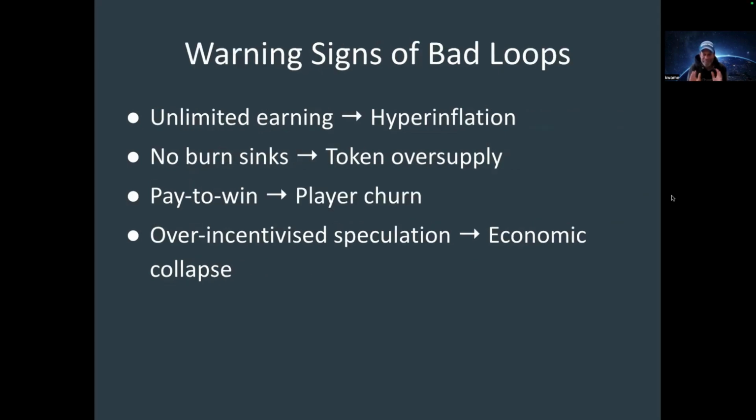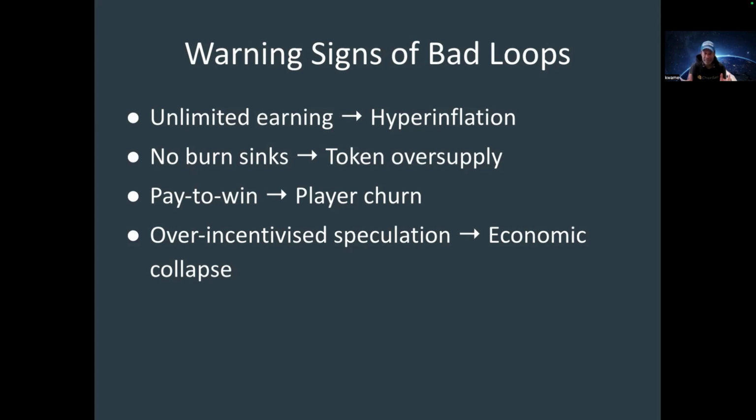Warning signs of bad loops. So we've seen some ways that we can add in these incentive mechanisms to make the game fun and to make the core game loop and the core economic loop run in synergy. But how can we define a bad loop? So one is unlimited earning.